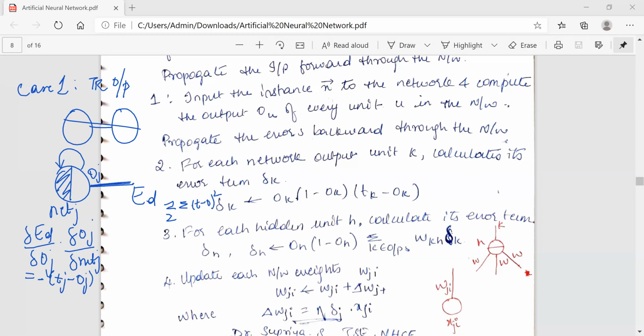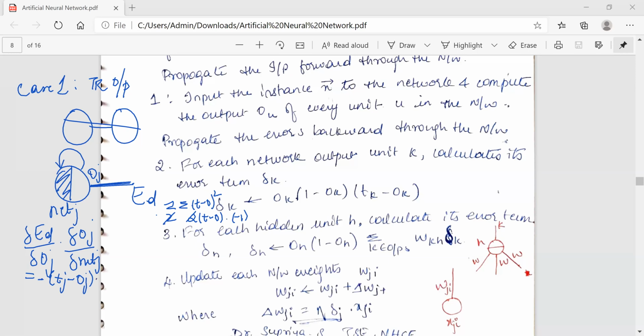When I take the partial derivative, the 2 comes down, times (t minus O) into the derivative of O, whose value was minus 1, right? So this 2 and this 2 get cancelled because it's 1 by 2. I get minus (t minus O), so it's Tj minus Oj. This was the first parameter.